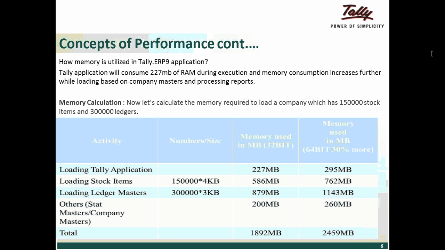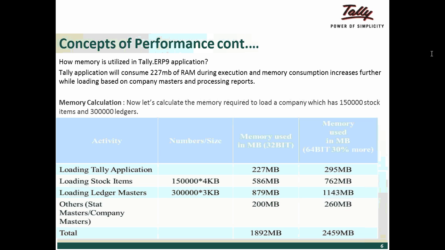So totally, in case of a 32-bit application, it requires 1.8 GB or precisely 1.9 GB, and in case of a 64-bit application, it requires 2.459 GB. That means it is 2.45 or 2.5 GB. What will happen now that it has already consumed 1.8 or 1.9 GB?